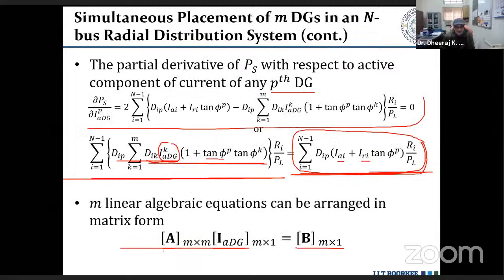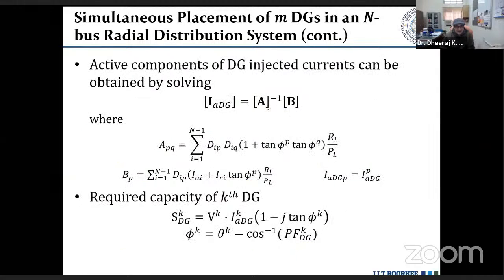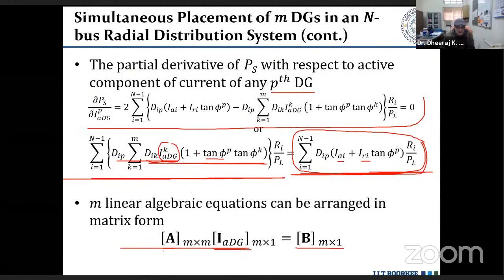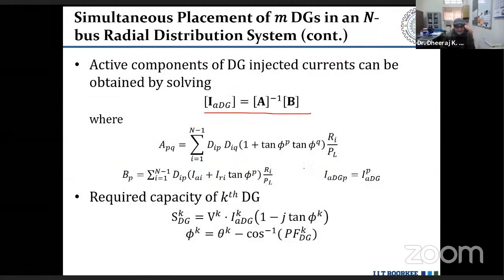From this equation we can solve for the unknown vector, that is I_ADG, by this way. These are the different entries of matrices A and B and vector I_ADG, taken from this equation. So we can solve for this unknown vector and compute the active component of DG injected currents for all M DGs simultaneously.